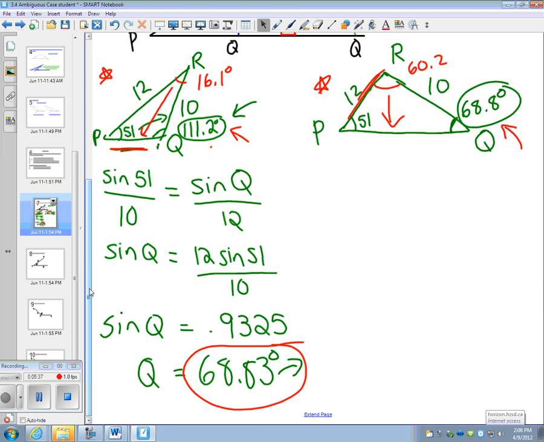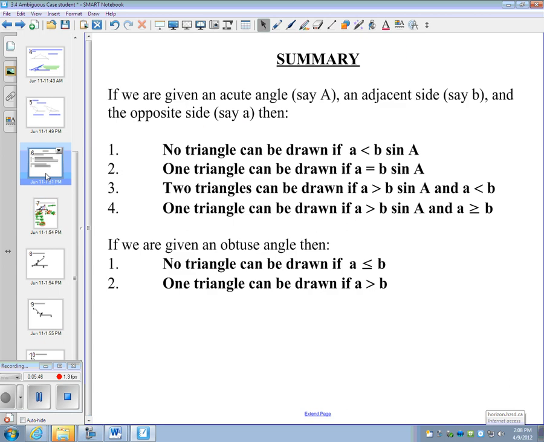That doesn't mean every time you get an angle-side-side, your strategy is to just get two triangles. No, you have to look at these cases here, and you have to decide if there's one triangle, two, or none. You have to decide what case it is. Remember, when you're given an obtuse angle, so an angle greater than 90, there's only two cases: either there's no triangle or one triangle.